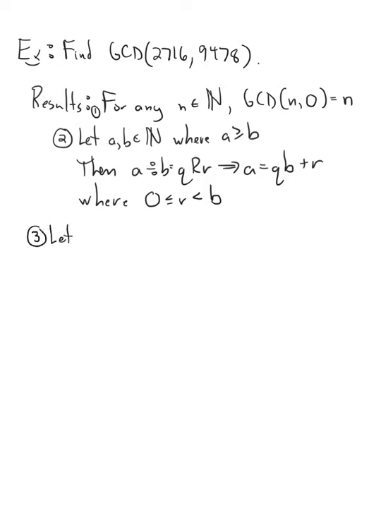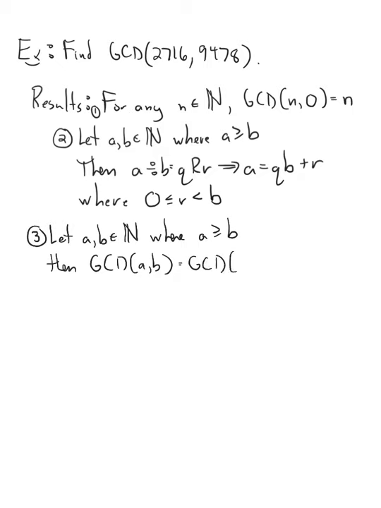If we have two counting numbers a and b, where a is the bigger one if one is bigger, then the greatest common divisor of these two numbers is the same as the greatest common divisor of b and the remainder r, where a you can write as q groups of b plus a remainder.